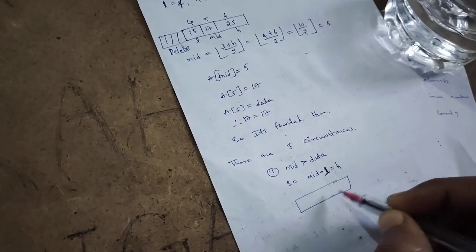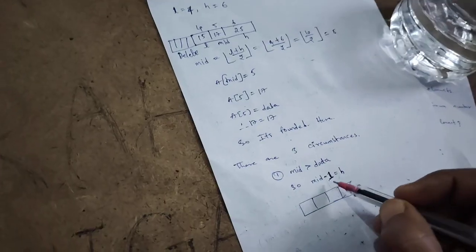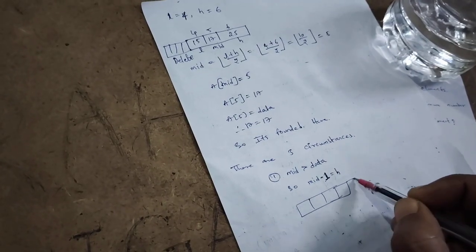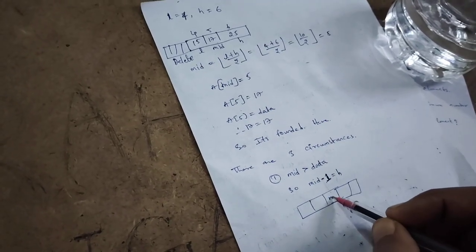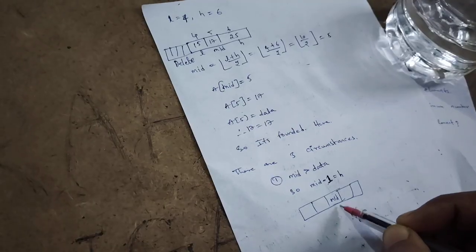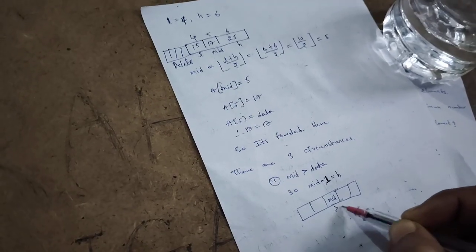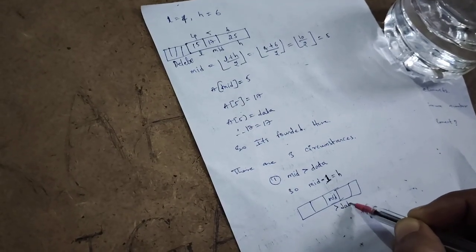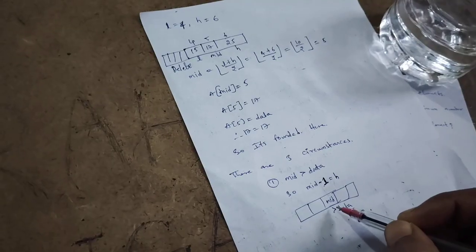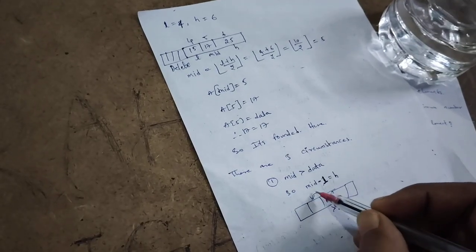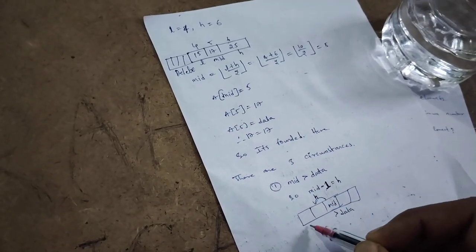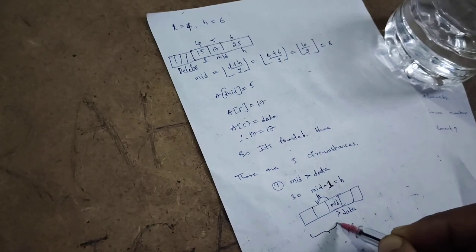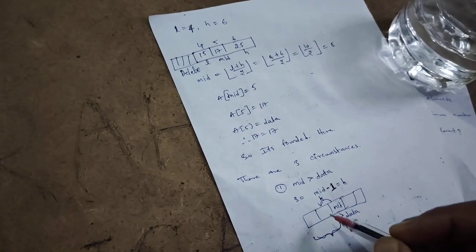There is an array. Here the mid value is greater than data, so we consider only this part of the array.